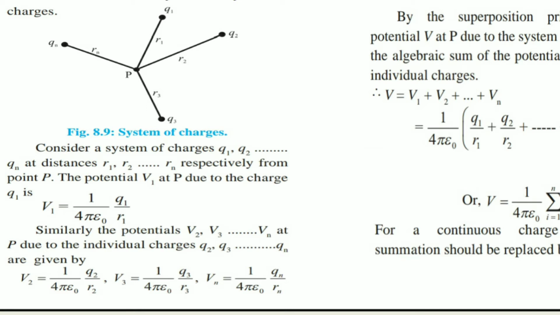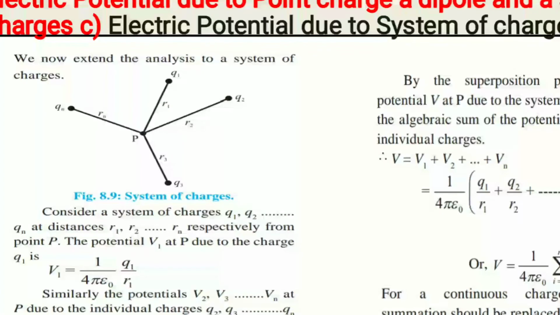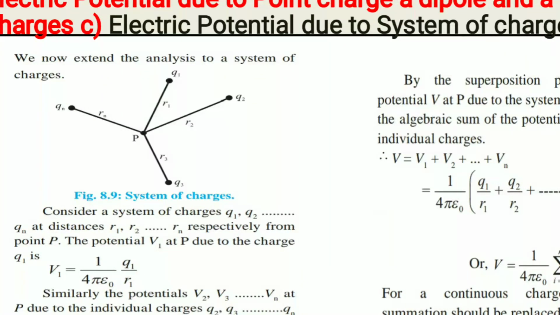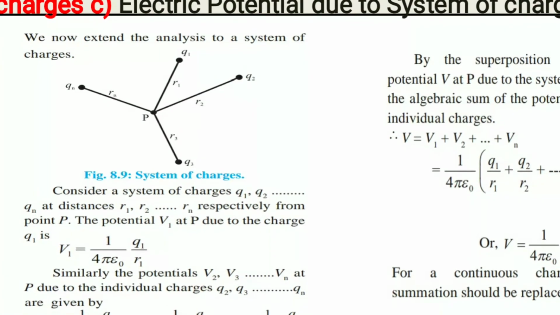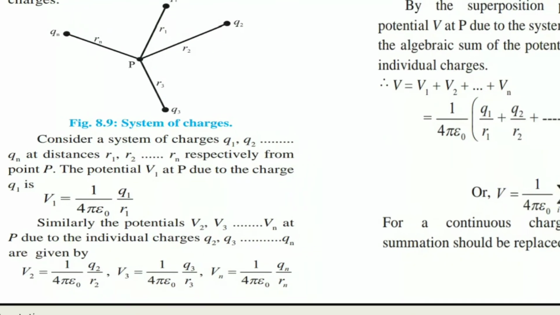V2, V3 up to Vn at point P due to the individual charges, which you can see in the figure Q2, Q3, Q4 up to Qn, which is given by equation V2 is equal to 1 upon 4 pi epsilon naught Q2 divided by R2.